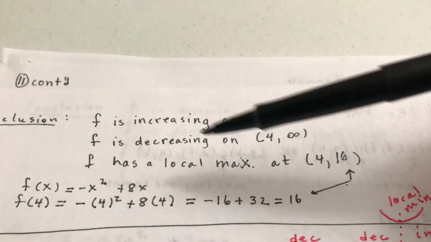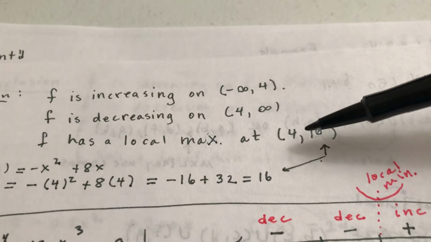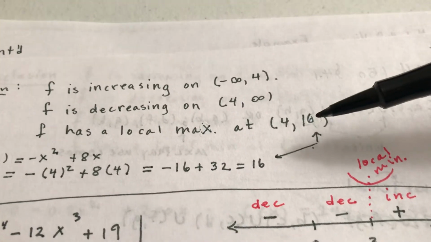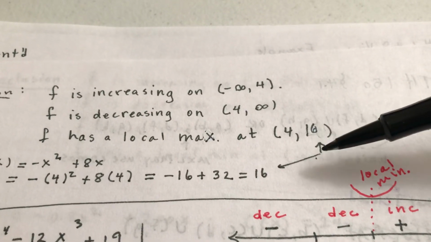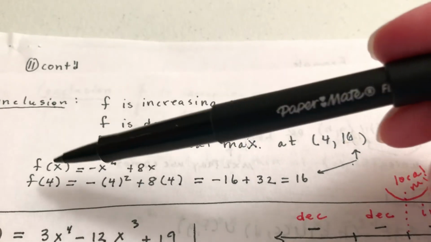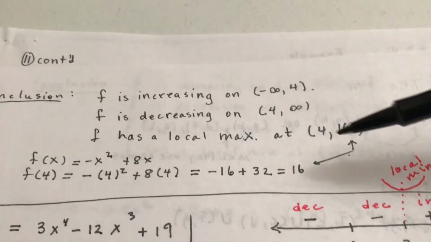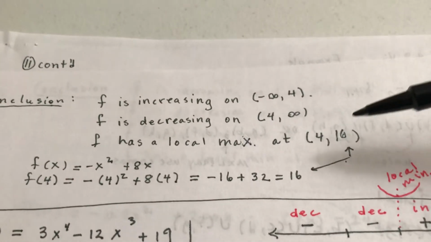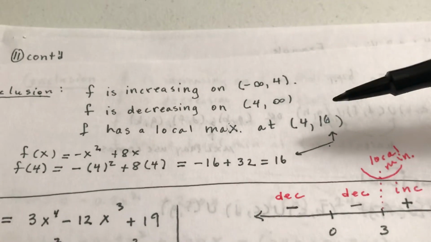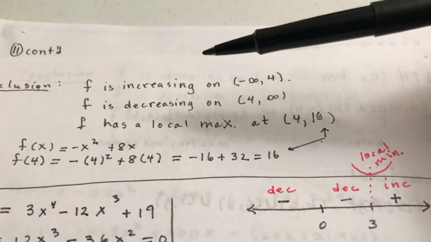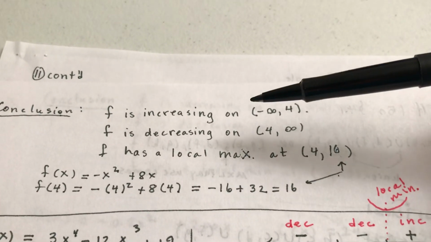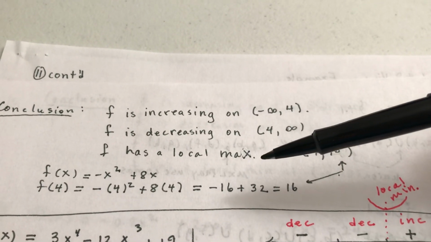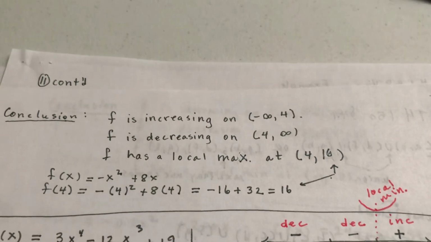And f has a local maximum at 4, comma 16. Now that 16 came from plugging it back into the original function. So I took the 4, put it in here, and I got 16. And that's what we're going to be doing. I'm going to give you a different function. You're going to find out where it's increasing, decreasing, and if there's a local max or a min. This one only had a local max. All right, I'll be back.